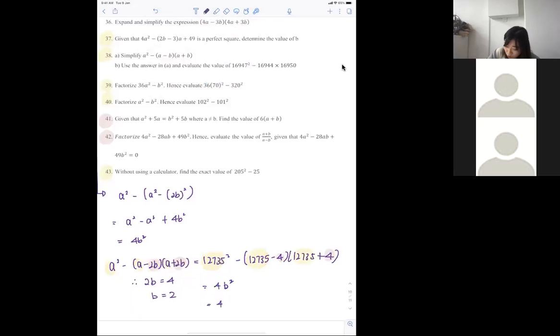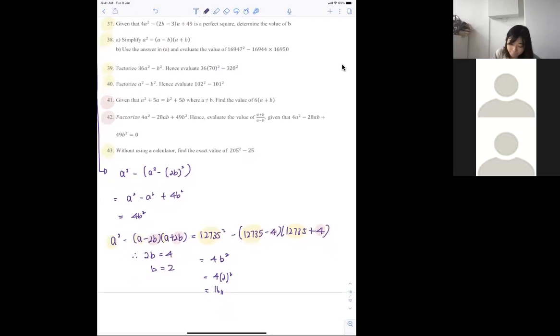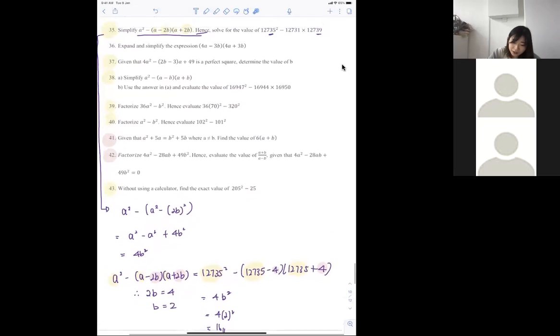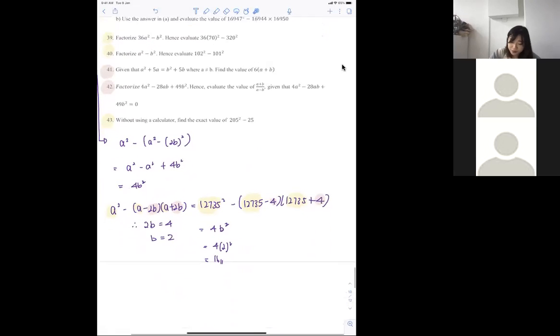In this case, is 2 square, which is 16. So you identify your a first, then you can mimic the bracket, the other two brackets.